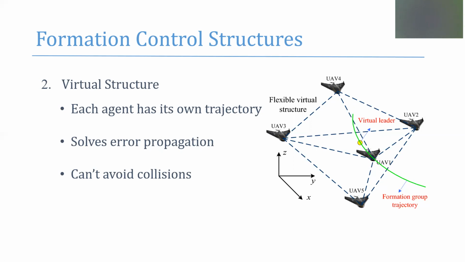We are only depending on the trajectory that we are following. Also, virtual structure formations are desirable since it is enough to specify a trajectory for the virtual leader in order to prescribe one for the whole formation.